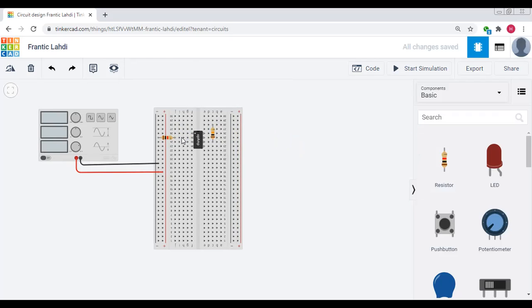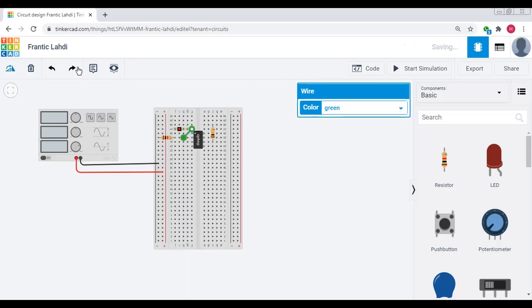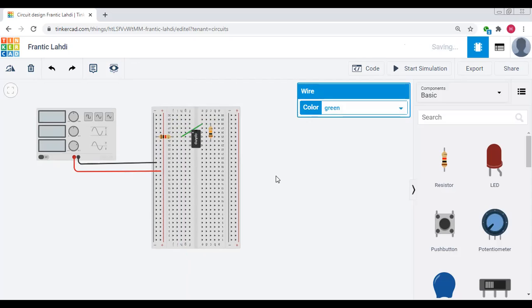So we take a wire from the second number pin and connect that to the... Just a minute.